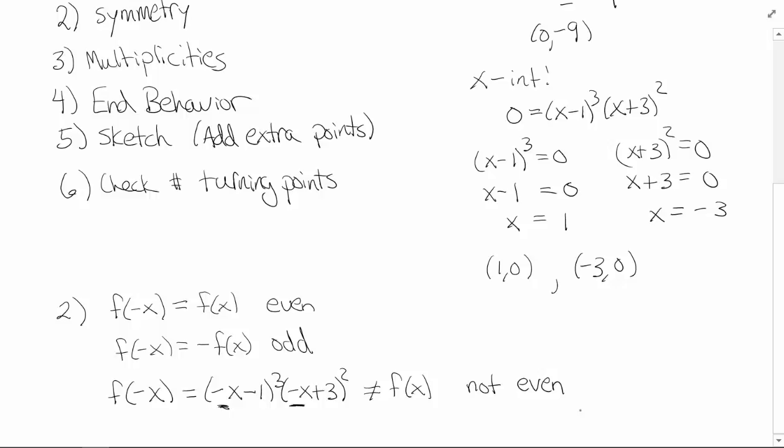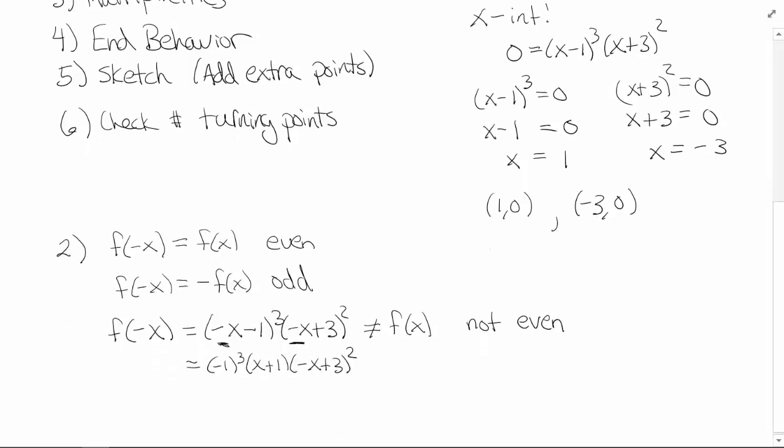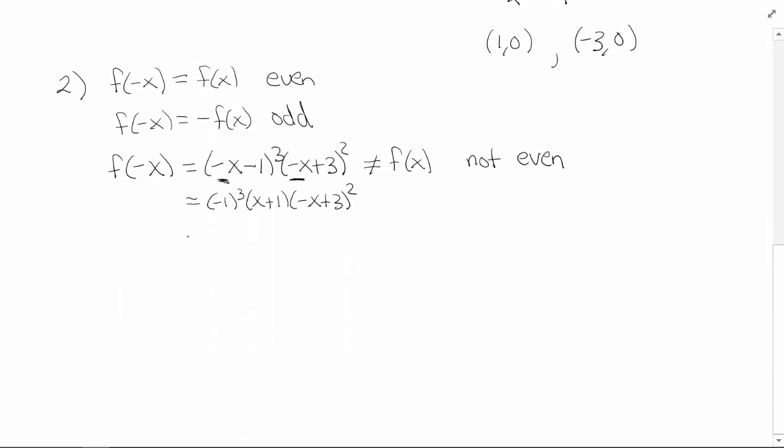You can also see that there's essentially not any negative 1 times the whole function. And to see that a little better, if you pull, say, a negative 1 out of this first term, I'll have a negative 1 cubed times (x plus 1) times (negative x plus 3) squared, which looks like that negative. Oh, I forgot my cube up here, didn't I? Cube.